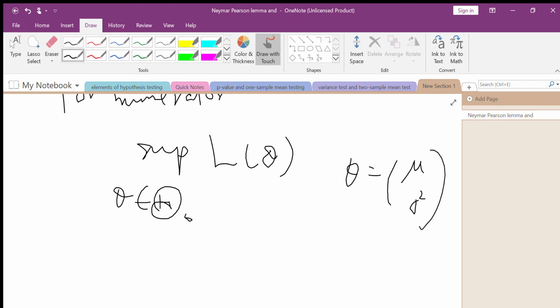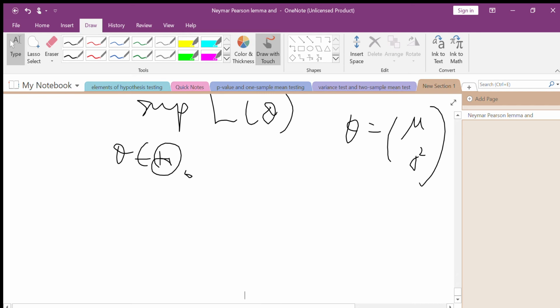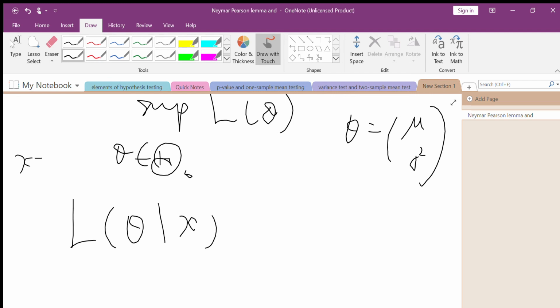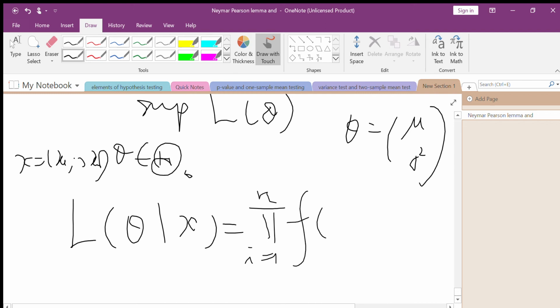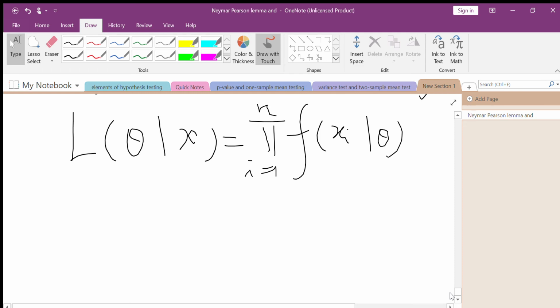And we first need to write L(theta) given x. x is one realization of the random sample small x1 to small xn, as the product over i from 1 to n of f, the standard normal density, of xi given theta, and we have done this many times.